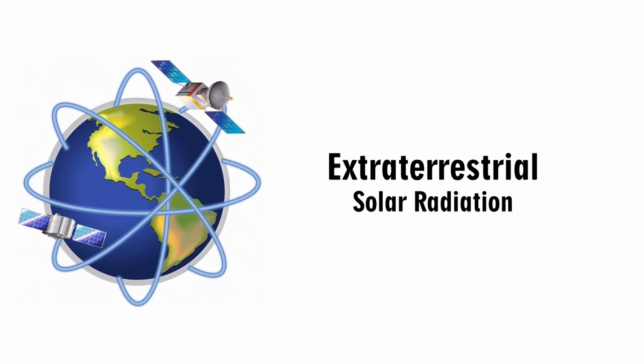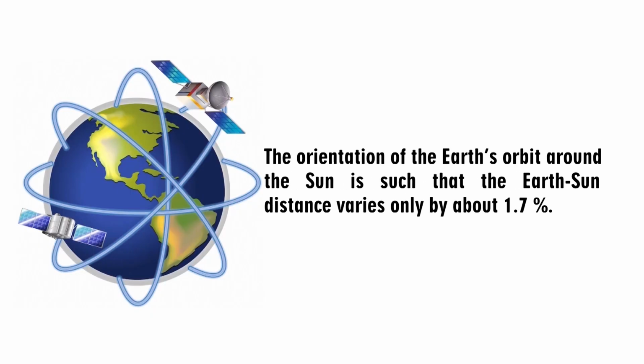Now we will understand extraterrestrial solar radiation. You know that earth is inclined at an angle and revolves around the sun in an elliptical orbit. The orientation of earth's orbit around the sun is such that earth-sun distance varies only by about 1.7%.